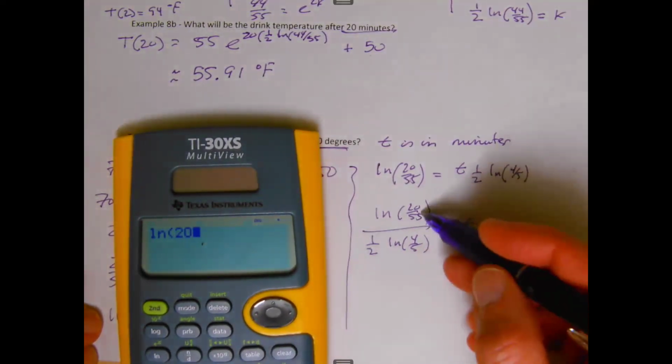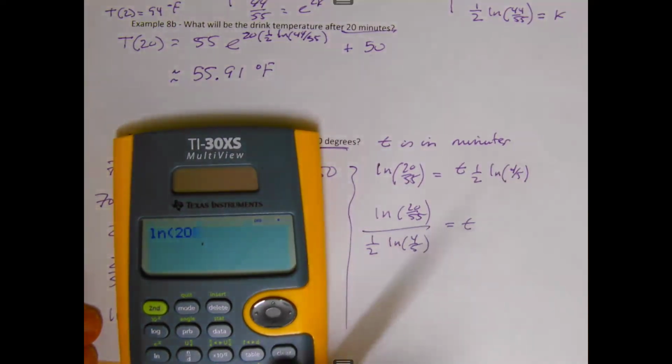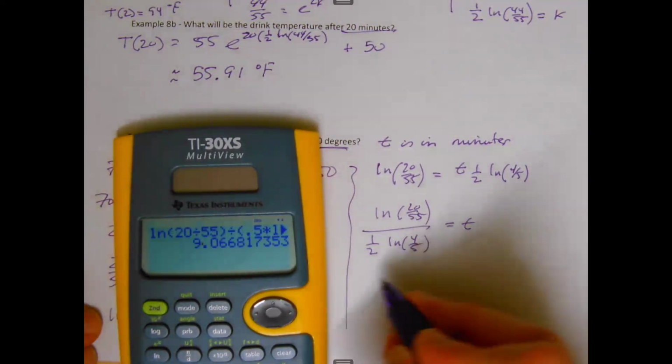I guess I could reduce that down, but it's okay. Take the natural log of 4/5, divide by parentheses 0.5 times natural log of 4 divided by 5. Close it again. Yep, I'm happy.